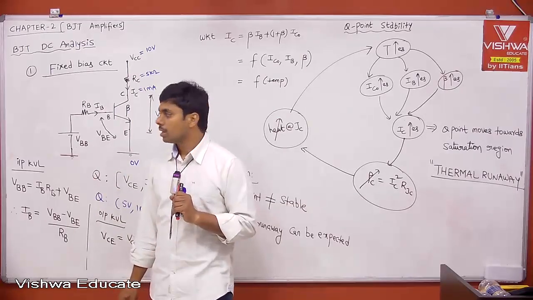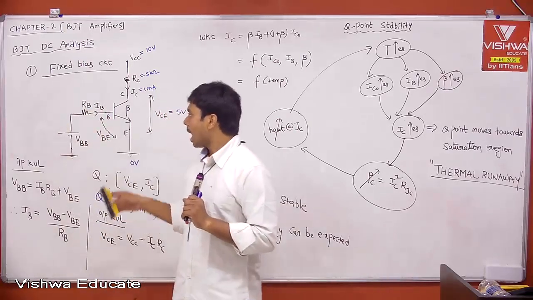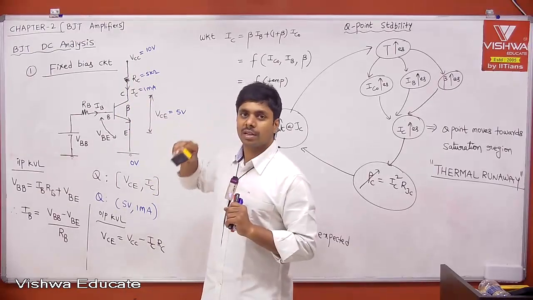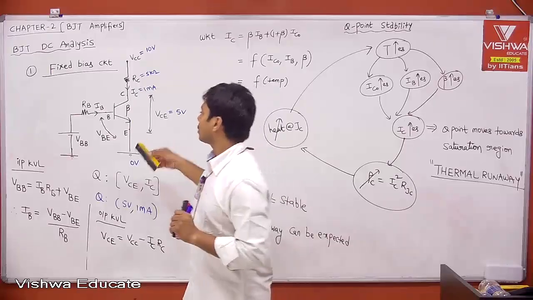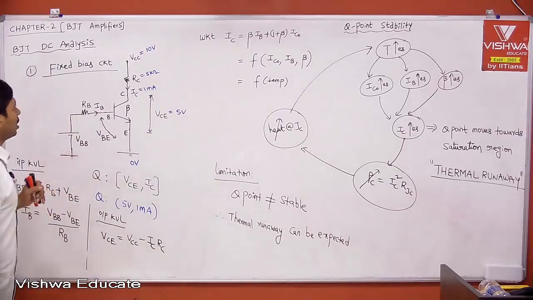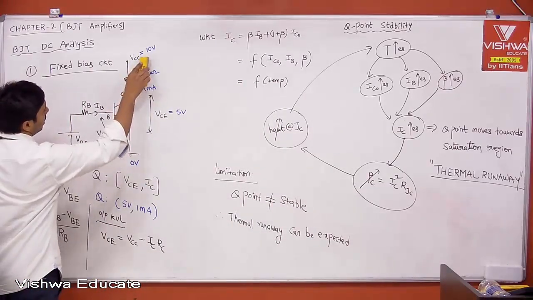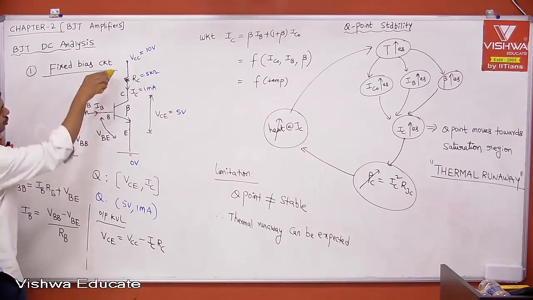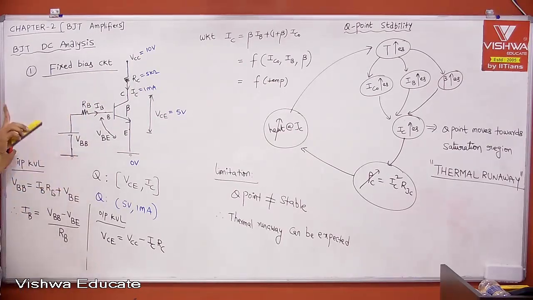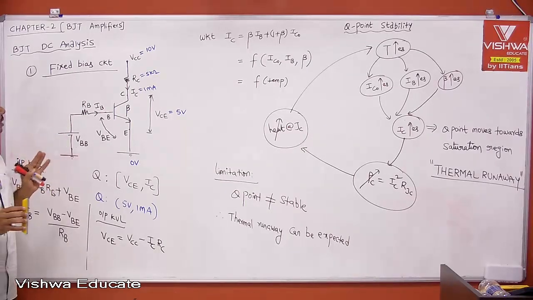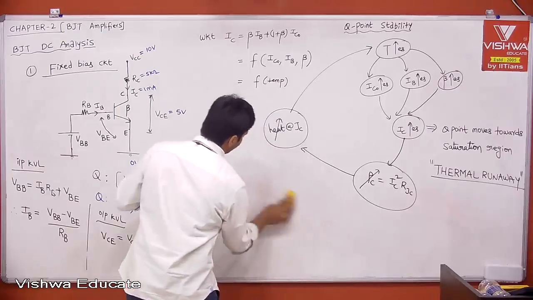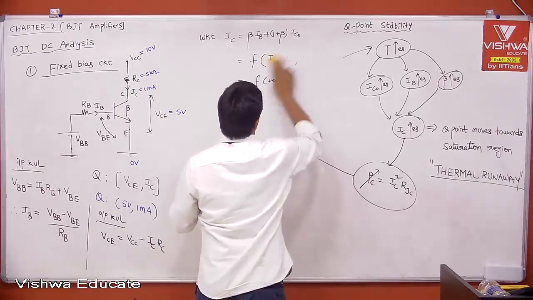You understand the point? Before going to the next circuit, this is actually not the practical fixed bias circuit. Tell me how many power supplies you need for this. You need output power supply VCC and input power supply VBB, right? Therefore, I want to use a single power supply for both input and output to bias the transistor. So write down the practical fixed bias circuit, where I want to use only a single power supply.